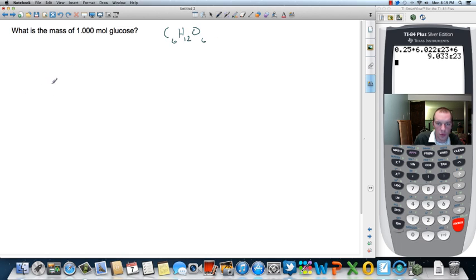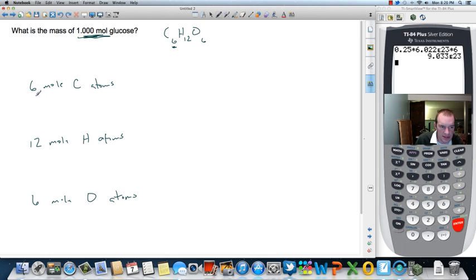So in 1 mole of glucose, there's going to be 6 moles of carbon atoms, 12 moles of hydrogen atoms, and 6 moles of oxygen atoms. The reason is that for 1 mole of the molecule, there's 6 times 1 mole equivalent of carbon, 12 times the 1 mole equivalent for hydrogen, and so on.